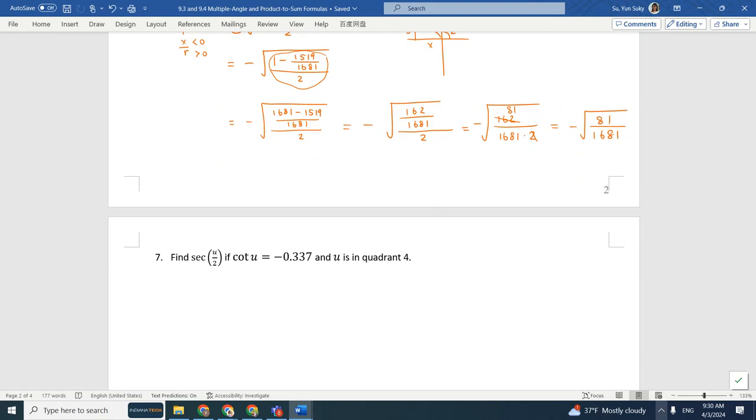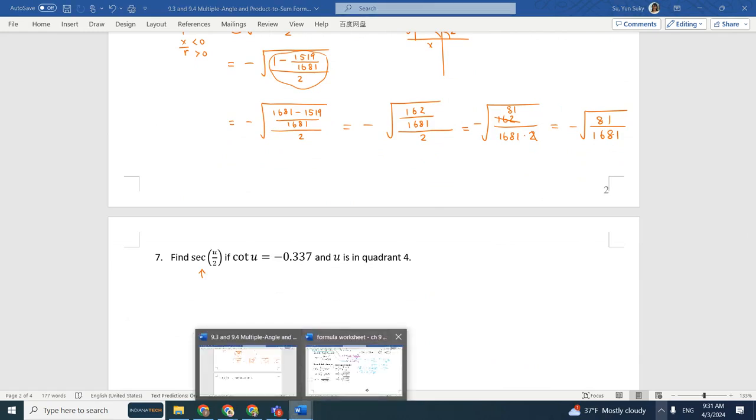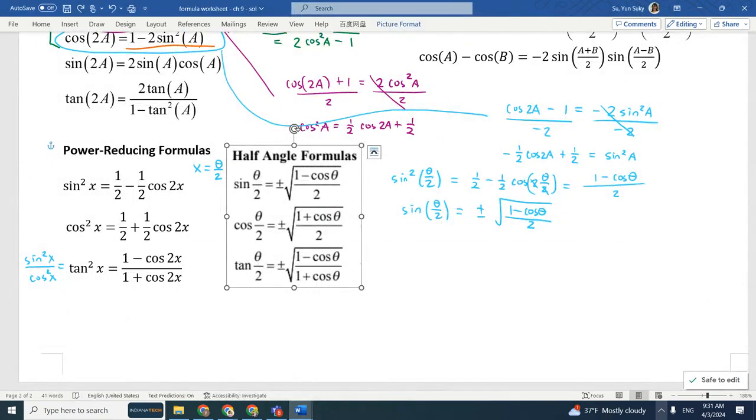Yes, everybody? Okay, so let's see here. We want to find the secant. But look at our formula. We only have sine, cosine, tangent. Secant is related to cosine, so we need to find the cosine first, right?